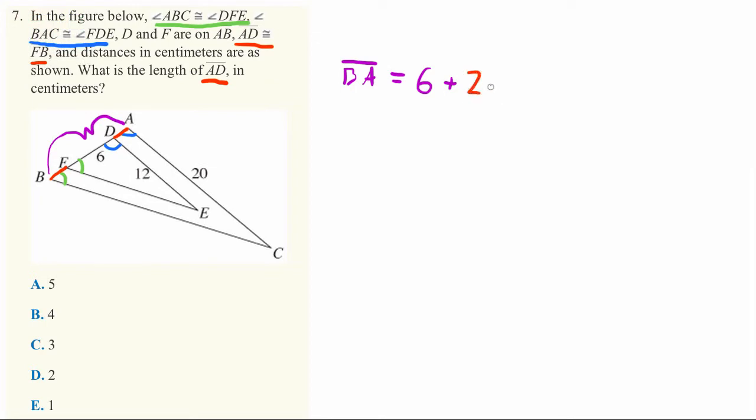So 2 times the distance AD. I also could have written plus AD plus FB, but they're the same length, so we can just write 2 times AD. Now all we have to do is figure out B to A.